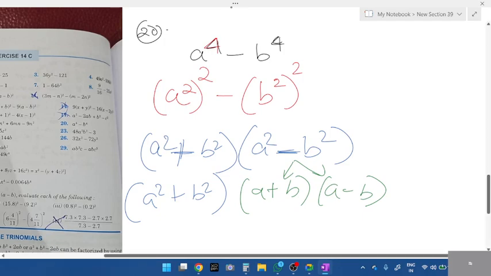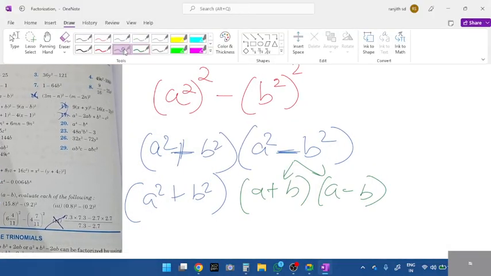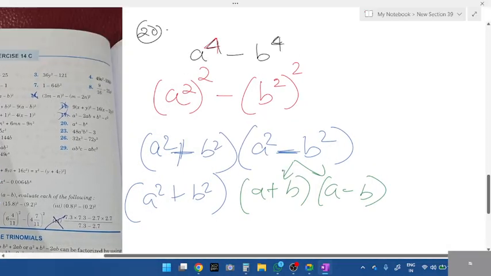The power is to convert it. Mark this question as important and solve it. You'll get this question, a4 minus b4. You'll definitely get it.